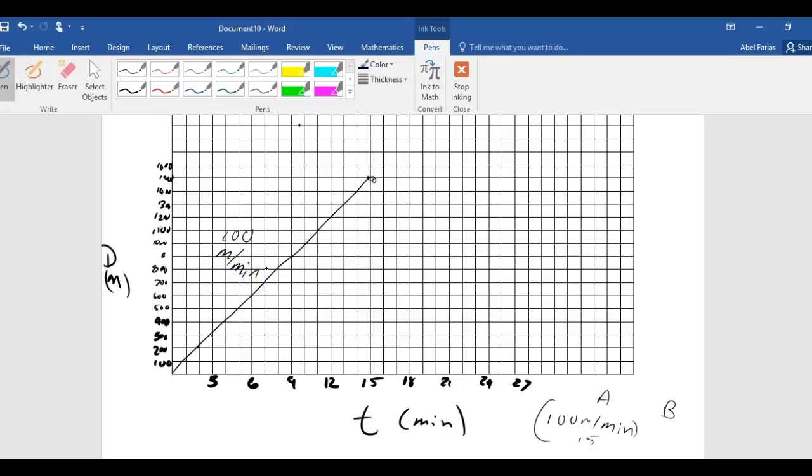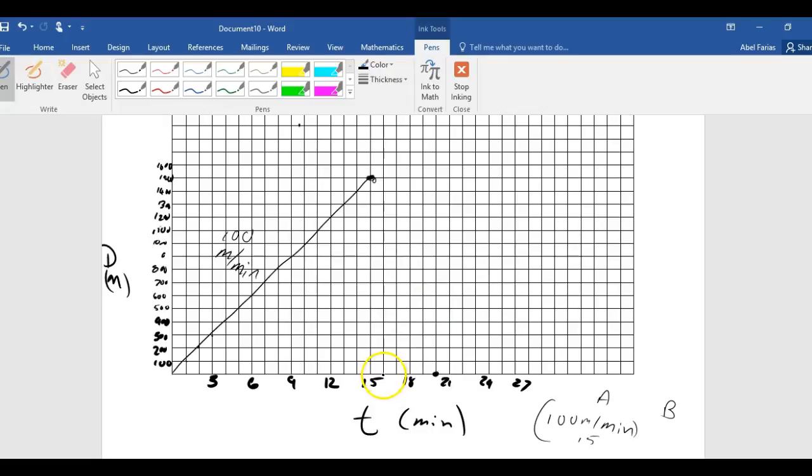Alright, now, he realizes once he reaches his school that he forgot his homework, so he has to run back home. Now he does this within 5 minutes. So in a 5 minute span, he's at 15, and in 5 minutes he reaches his house. This would be the distance that he's at his house, so 1,500 meters away, and he travels back home within 5 minutes.